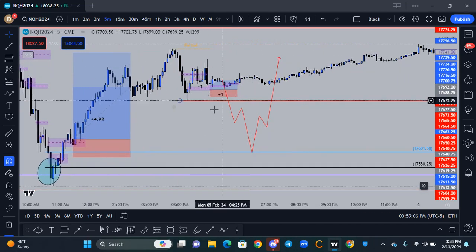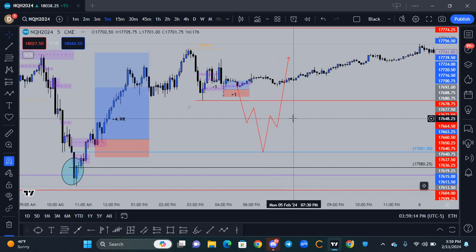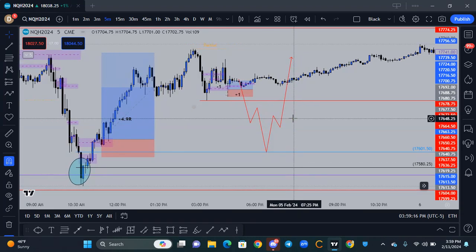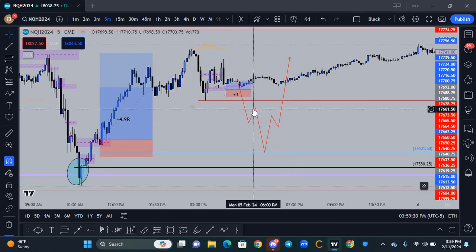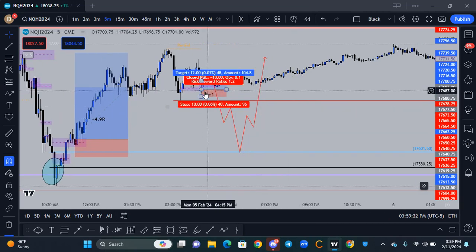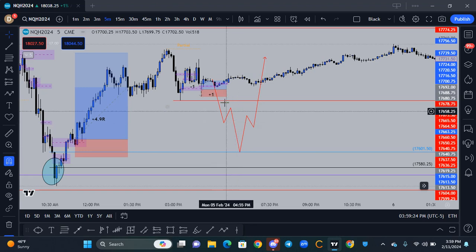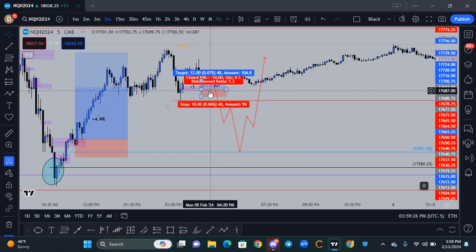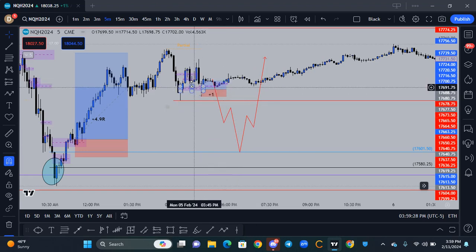Then I tried some more buys here because I thought it was going to be the continuation around 3 to 4. I even said it in the group. I can pull it up in a little bit. Yeah, I managed this so crazy because I just wanted to get that back.